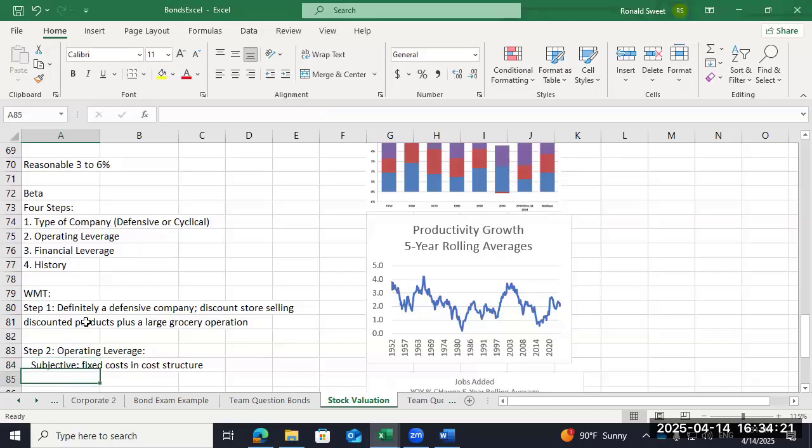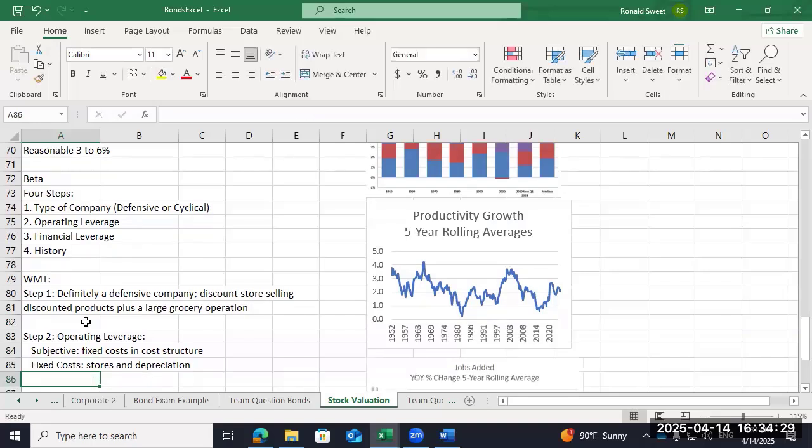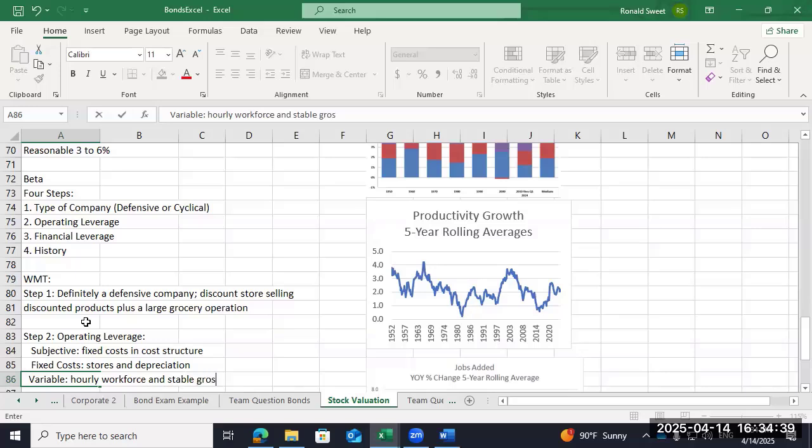So for Walmart, their fixed costs are the stores and depreciation, but the variable cost is an hourly workforce and stable gross margins.